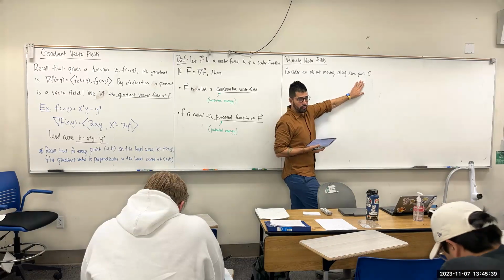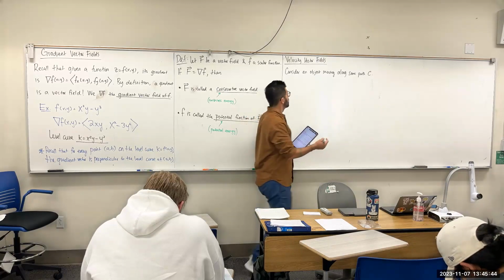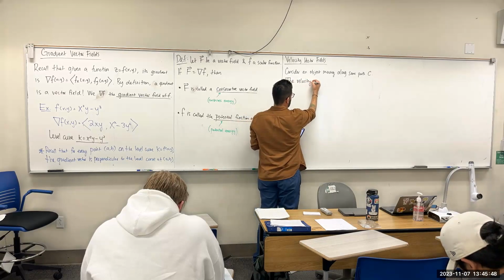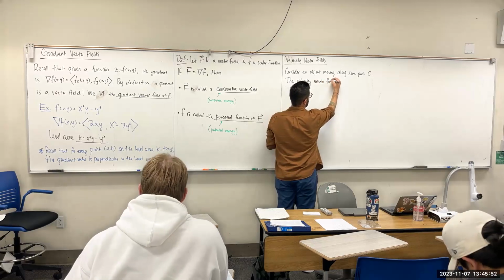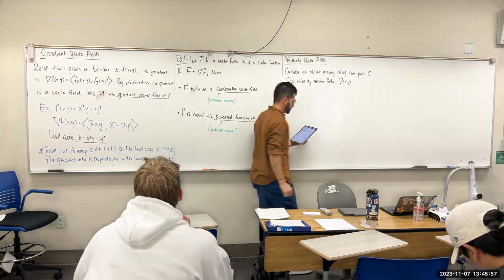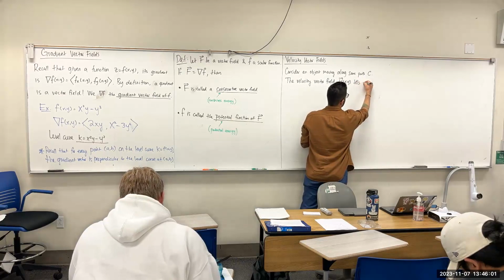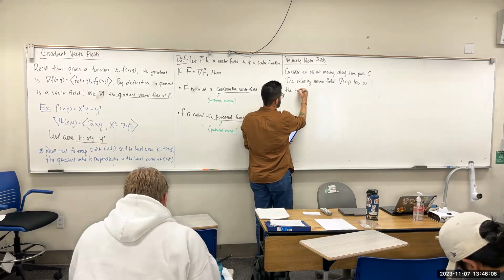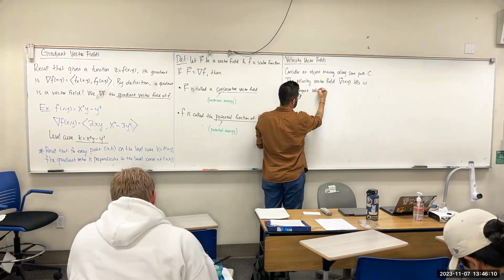because now we're doing curves. We're going to say the velocity vector field, capital V, tells us the tangent velocity vector.